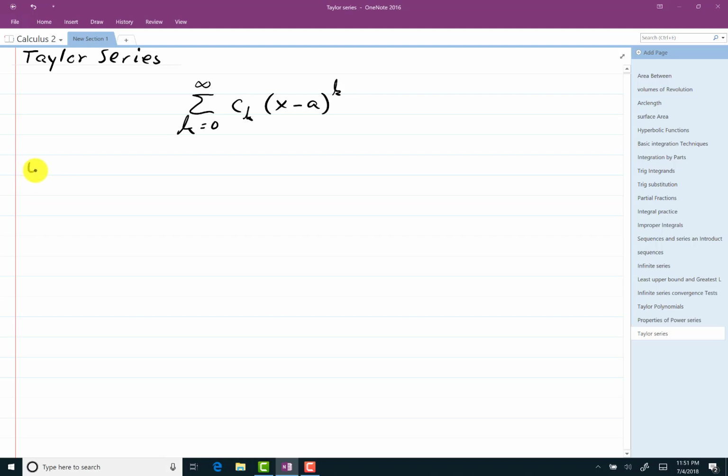And then when a equals 0, we call it a Maclaurin series. I don't know the history so much of this, but I believe that Maclaurin probably came up with it first for just x to the k, and then Taylor maybe came along and gave a little more of a general framework for it. But we already know how to do Taylor polynomials.